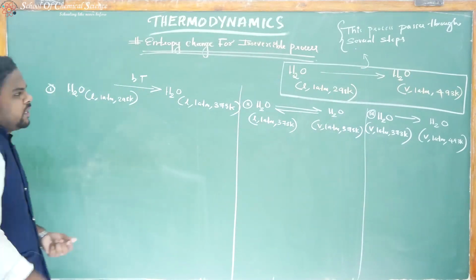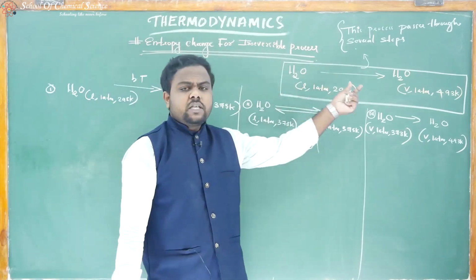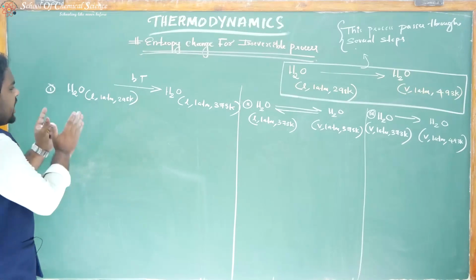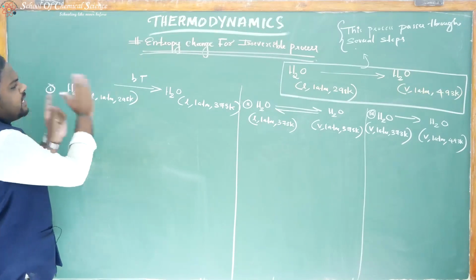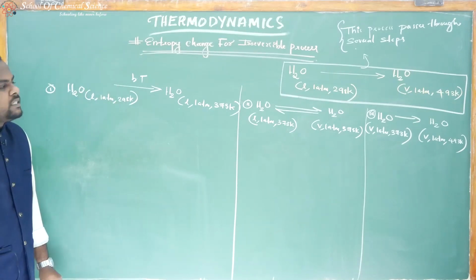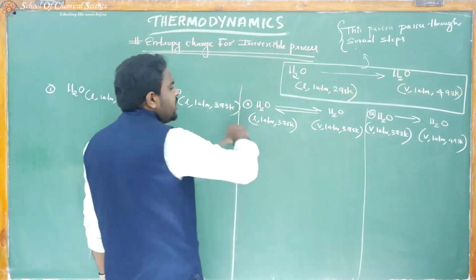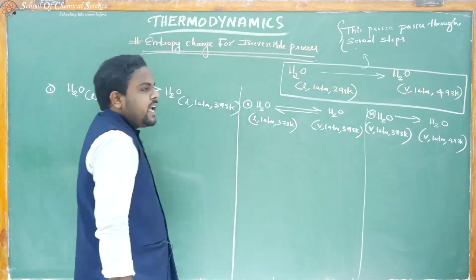What are the 3 steps? It's an irreversible process not taking place in a single step. In the first step, your liquid at 298 Kelvin is converted into the boiling temperature, 100 degrees Celsius. Then the complete liquid is converted into vapor at the same temperature.